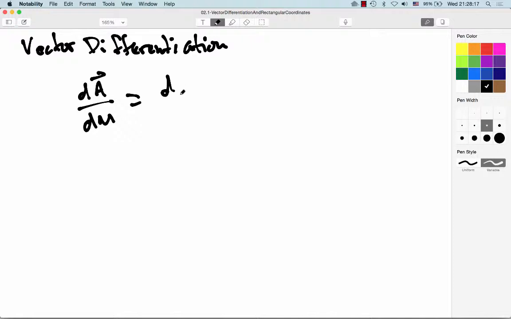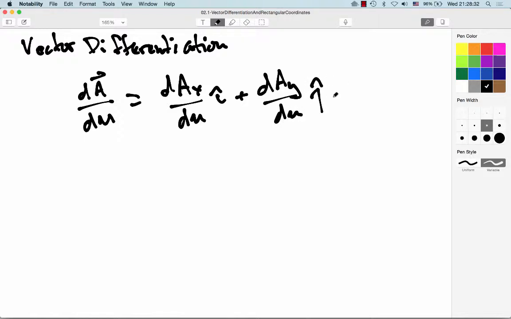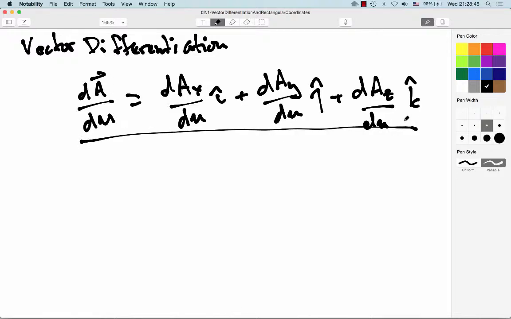That is defined as the derivative of the x component with respect to u times i hat plus the u derivative of the y component, j hat, plus the u derivative of the z component, k hat. Now, if we work in other coordinate systems, we'll have to be more careful.